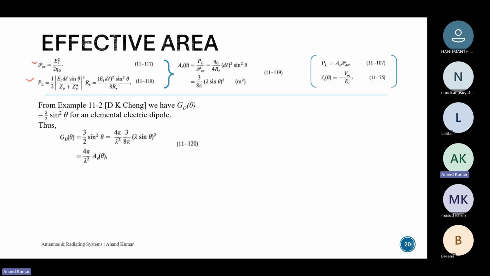In one of the previous examples that we did in the initial classes, for the same figure that we saw before, we had got the expression for the directive gain of the elemental electric dipole to be 3 by 2 sine square theta. So this we know from the previous derivations.